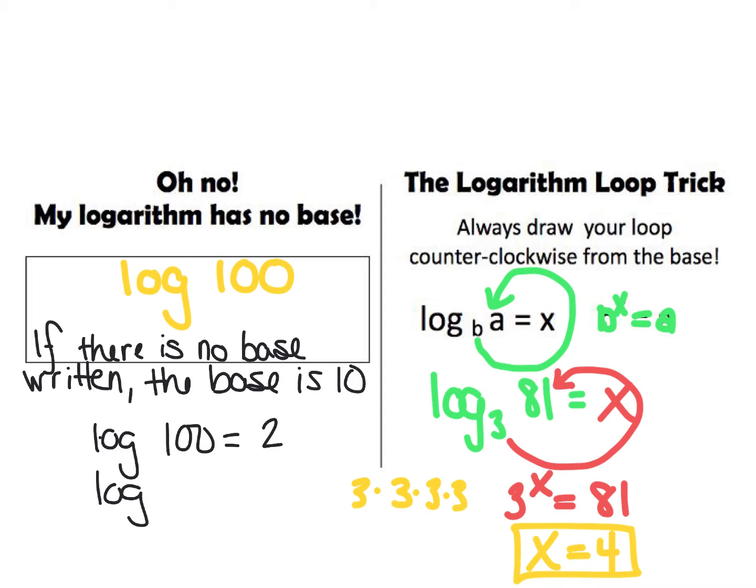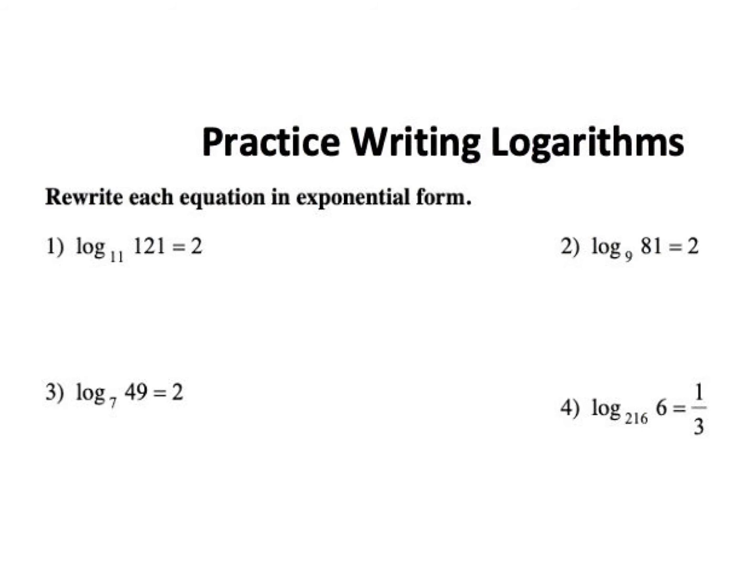If I have log of 1,000, that's going to be equal to 3 because 10 to the third is 1,000. If I have a fraction like log of 1/10, this is going to be -1 because 10 to the negative first power is 1/10.